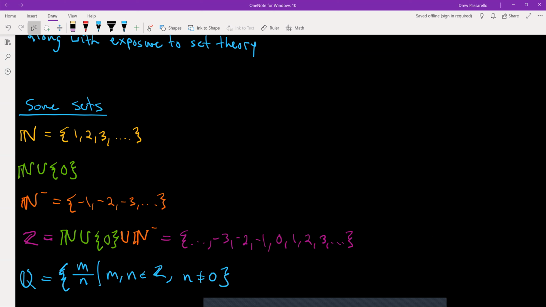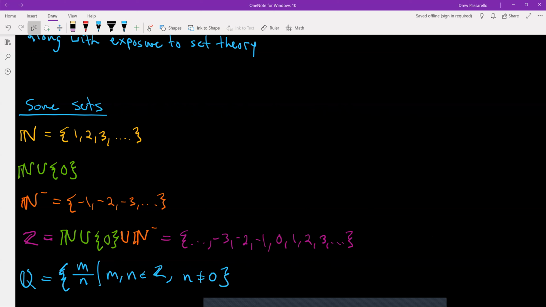So that's -1, -2, -3, -4, just the negative versions of the natural numbers. So the integers, Z, is basically the natural numbers unioned with the element 0 unioned with the negative natural numbers. So it's like -3, -2, -1, 0, 1, 2, 3, and so forth.